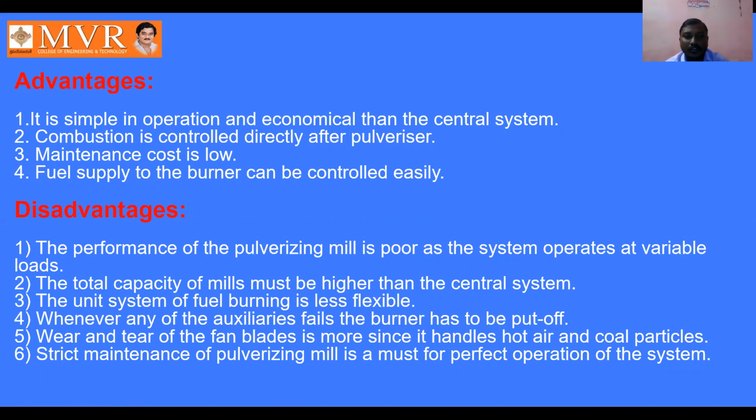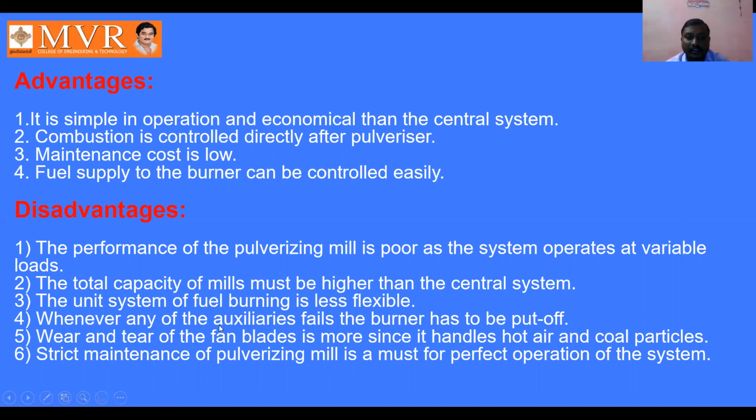The total capacity of mills must be higher than the central system. Comparing with the central system, the total capacity of all the mills should be higher. The unit system of fuel burning is less flexible here.